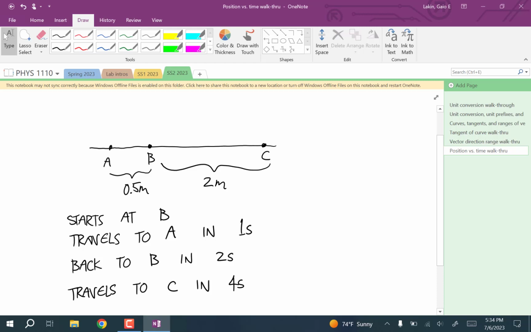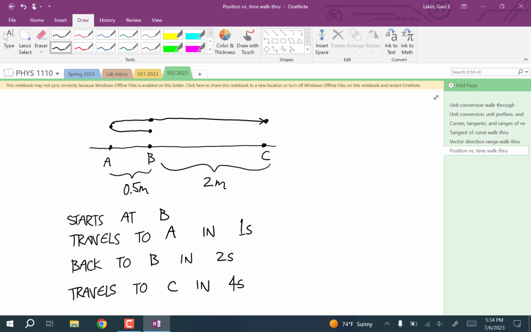So the motion starts at B, travels next to A, then back to B, and then finally to C. Okay, so it follows a path like that.